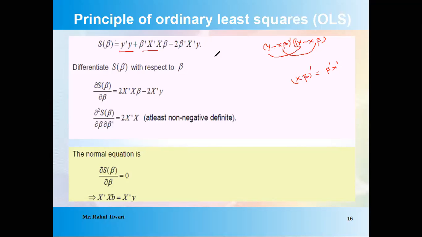So how does it multiply? If I just do the multiplication, this will be y prime x beta, and here we have beta prime x prime y, with a minus sign.